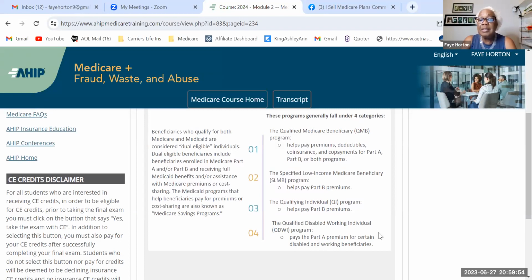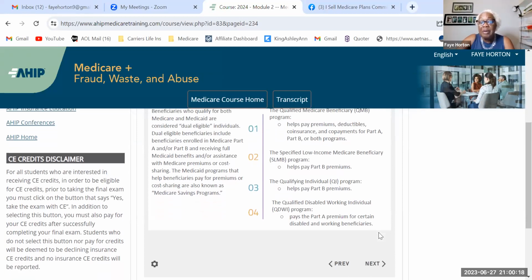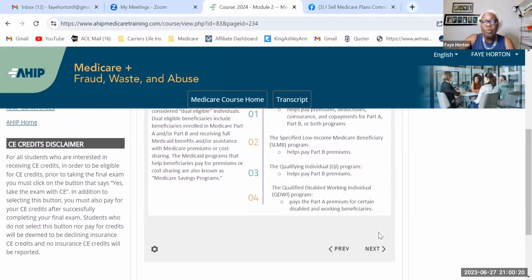The second is the SLMB, specified low income, gets help with their Part B premium. Number 3, the QI, qualifying individual, gets help paying for their Part B premium. And number 4, the QDWI, qualified disabled working individual, pays the Part A premium for certain disabled and working beneficiaries.